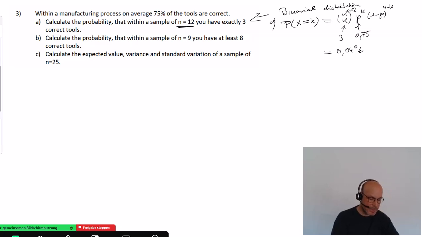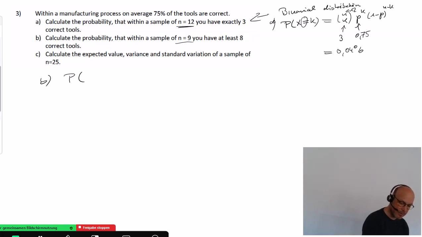Calculate the probability that within a sample of n equals 9, we have at least 8 correct tools. Then we have no equality sign here, but we have the probability that X is smaller or equal than 8. And this then just means that we have to start here from k is 0. We have no correct tool until k equals 8.